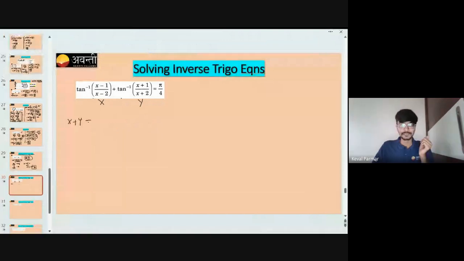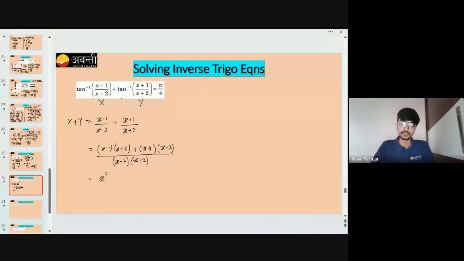It will be x minus 1 upon x minus 2 plus x plus 1 upon x plus 2. So what will I get if I take LCM? I'll get x minus 1 into x plus 2 plus x plus 1 into x minus 2, upon x minus 2 into x plus 2.